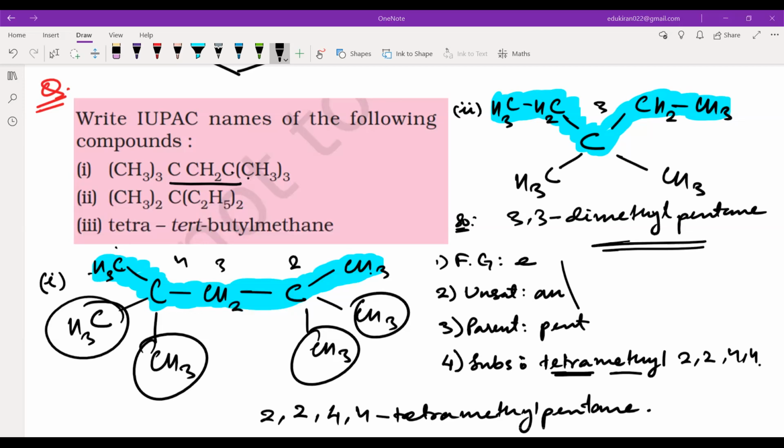Now we will study how to write the name of this particular molecule, tetra tert butyl methane.